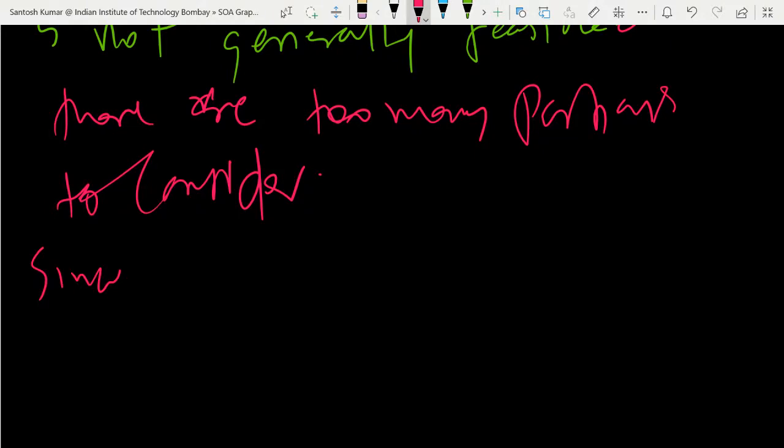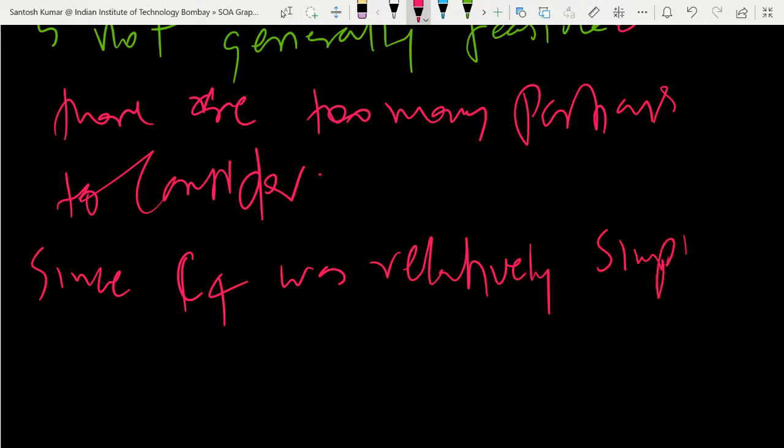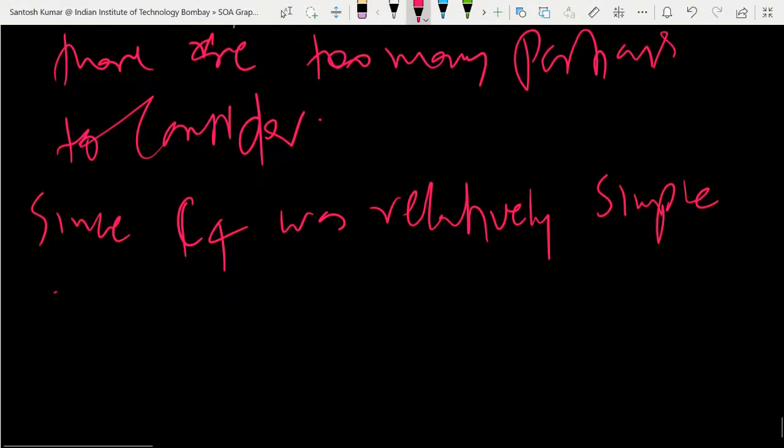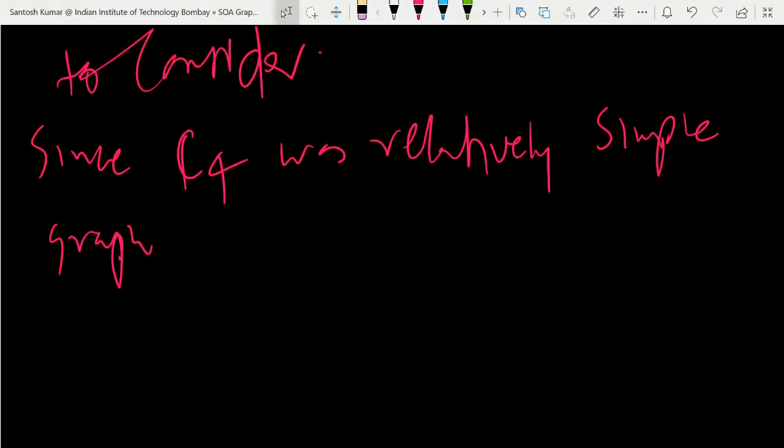C4 was a relatively simple graph, and we calculated the chromatic polynomial for C4 using this expression or formula.